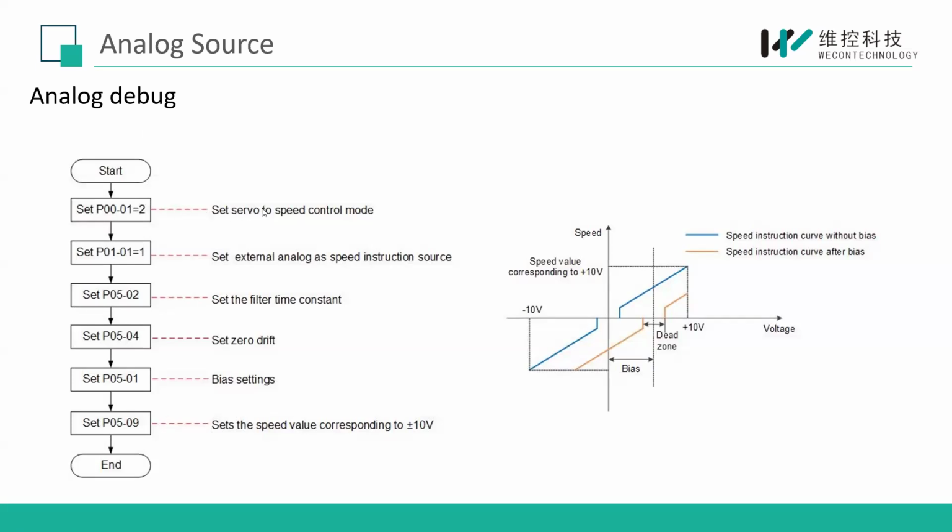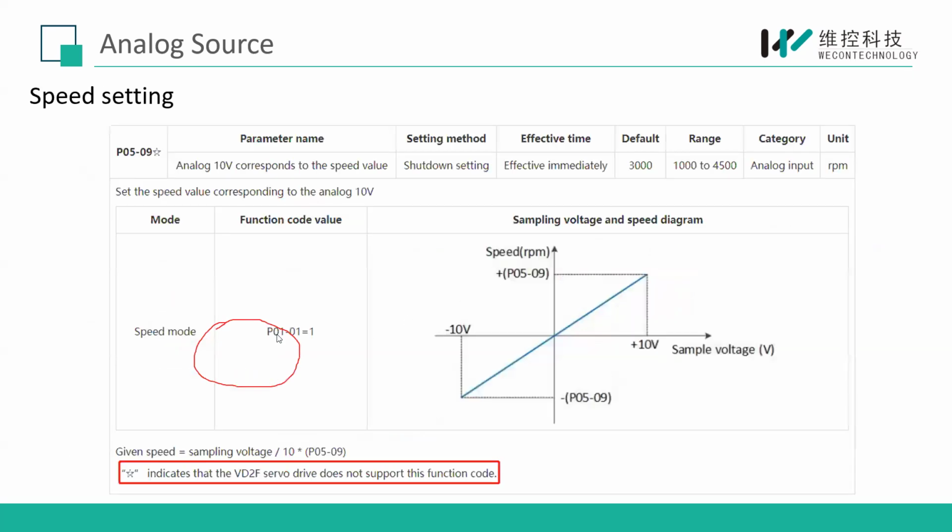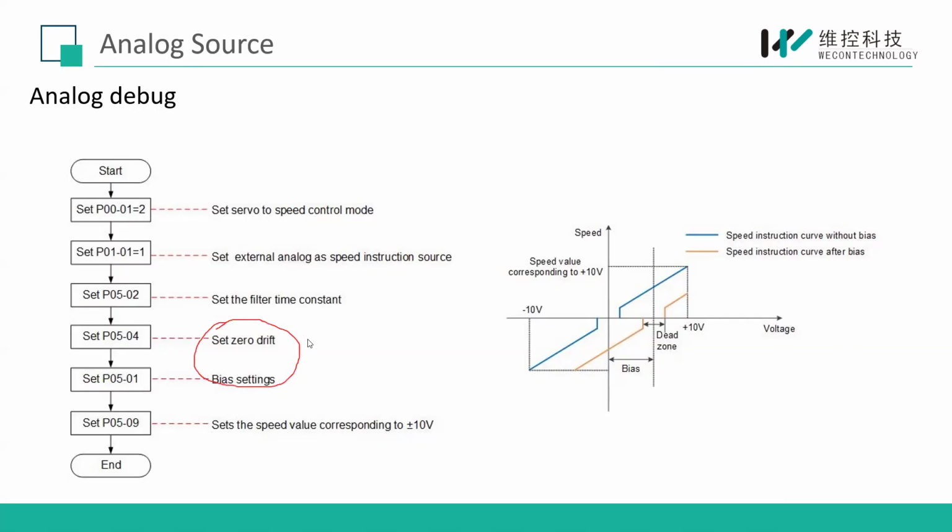First, we need to set speed mode and set the speed source as the analog input source. Mainly we need to set these two parameters. How to set these two parameters?